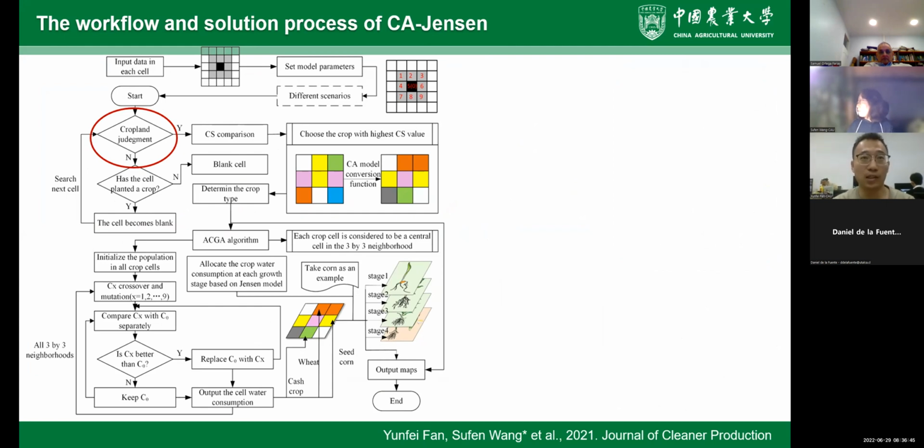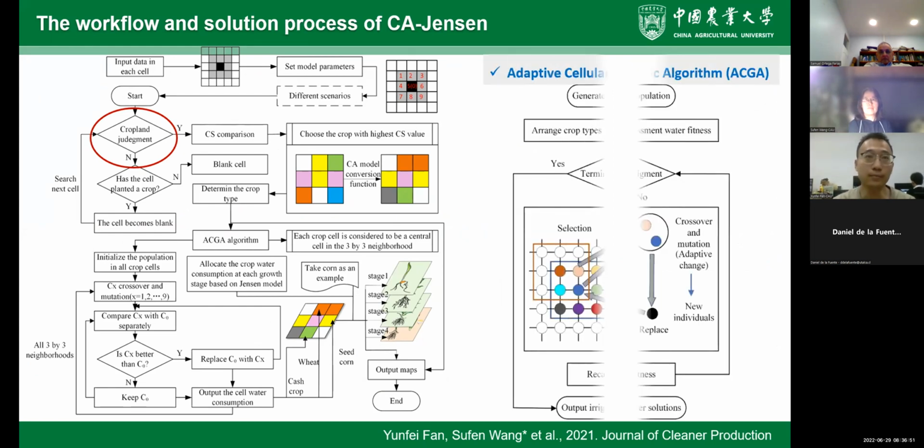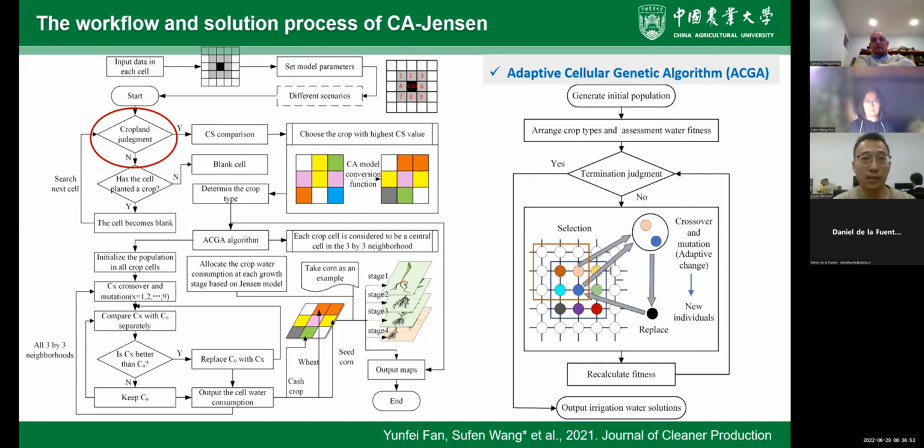After simulating crop distribution spatially using the CA model, we developed an adaptive cellular genetic algorithm. This algorithm is used to optimize crop water consumption on the time scale.